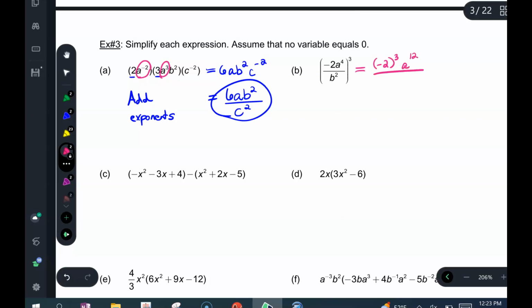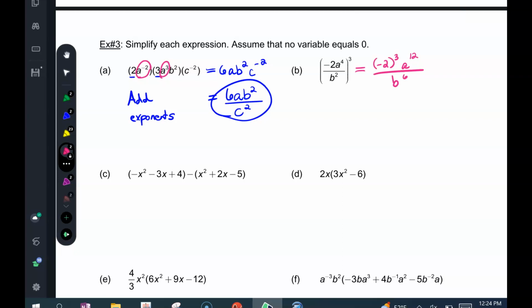Good. Remember, we're multiplying exponents. Where's the exponents? On the outside of the parentheses. What's the power of -2? 1. So, right? And then what do we get in the denominator? Multiply here. b to the 6. Good. Now I just want to rewrite that first part of the problem.